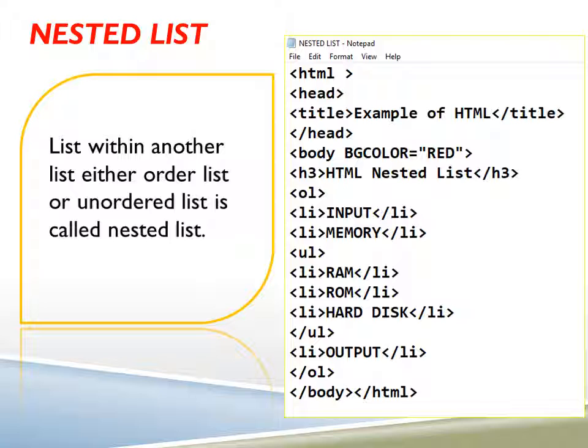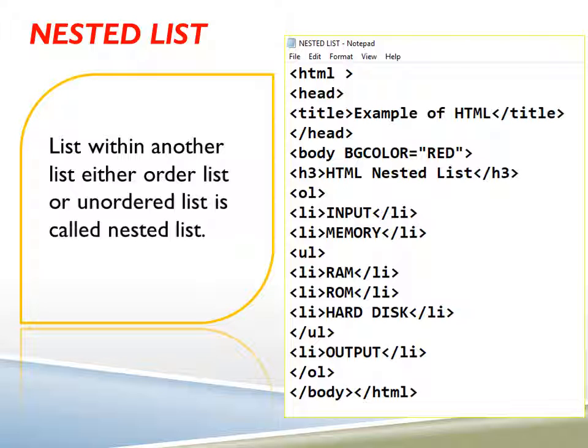h3 HTML nested list, h3 close, then the OL tag for the outer list, LI input, LI close, LI memory, LI close. Now inside memory, an unordered list is used. LI RAM, LI close, LI ROM, LI close, LI hard disk, LI close, then UL close after 3 elements.